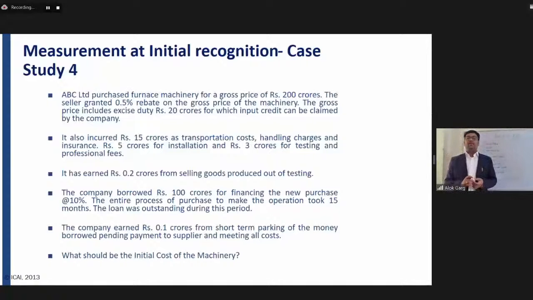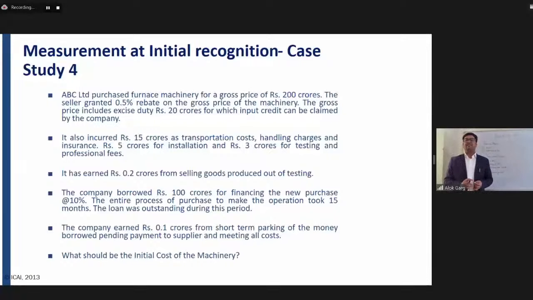The company earned rupees 0.1 crore from short-term parking of the money borrowed pending payment to supplier and meeting all costs. The company has earned some money by parking some funds into FDs. For example, the company has borrowed 100 crores, but 100 crore will not be required on the first day. It will be spent over the 15 months.